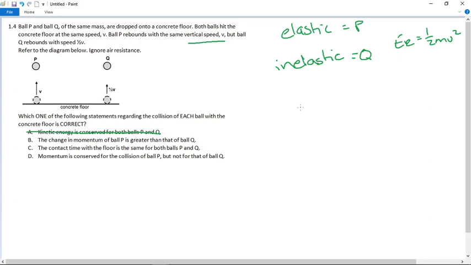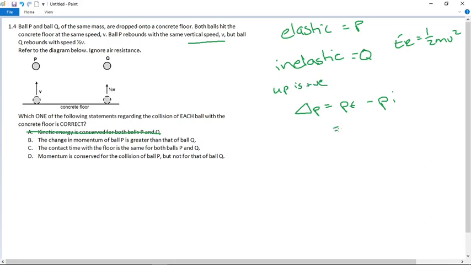What is the change in momentum? It is delta P, P final minus P initial. Now remember, momentum is a vector. So if we go down, what do we want? Do we want up is positive or do we want down is positive? Let's say up is positive.